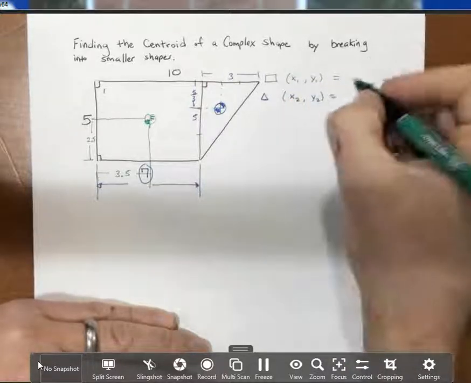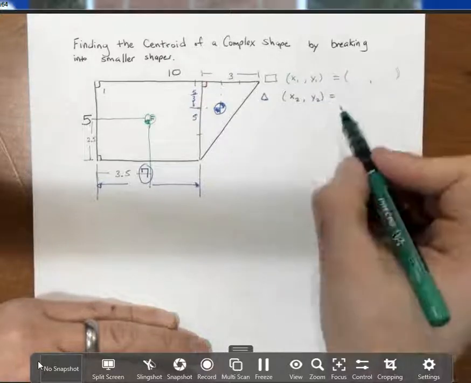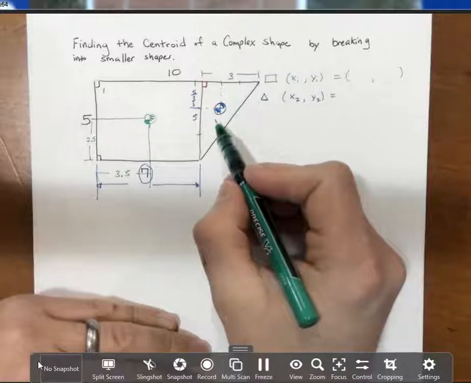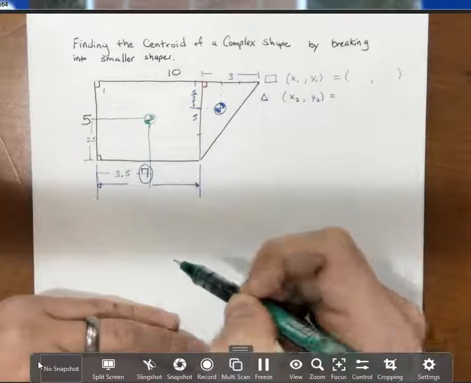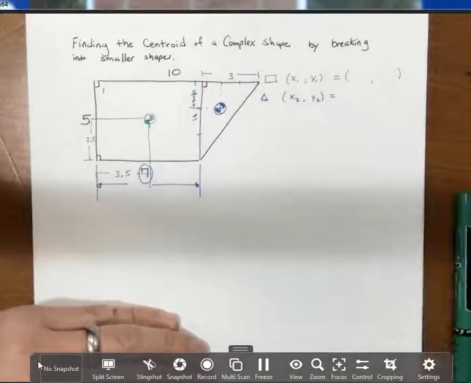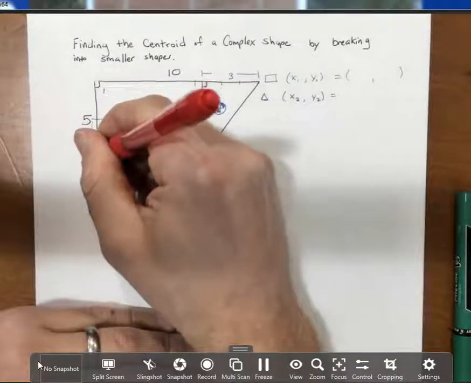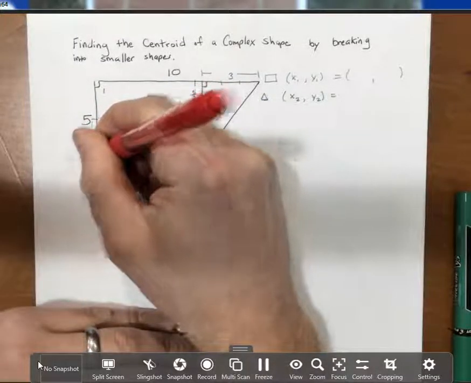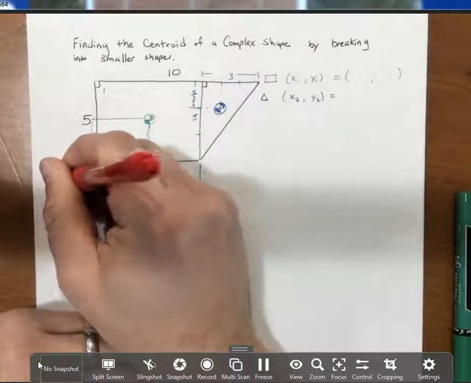Okay, now these ordered pairs, this is an important thing. The ordered pairs representing these centroids have to be written with respect to the same point. Basically, you have to establish an origin, a 0, 0, which I haven't done anywhere on the paper yet, officially. So I'm going to make this bottom left corner, right there, 0, 0.